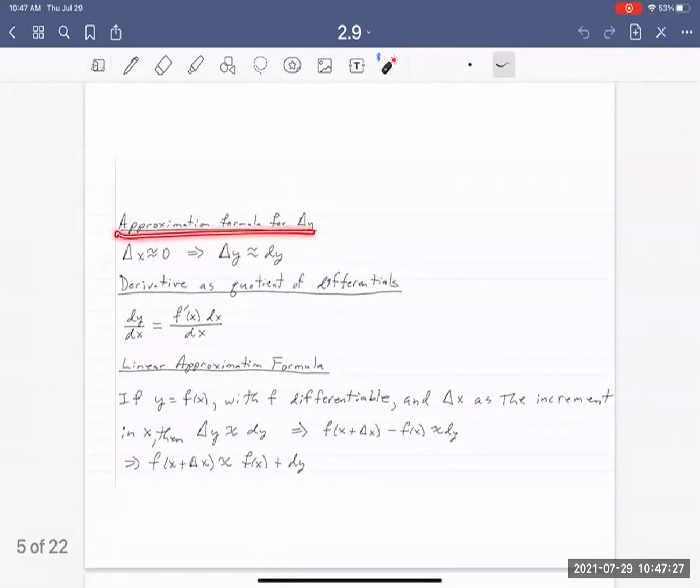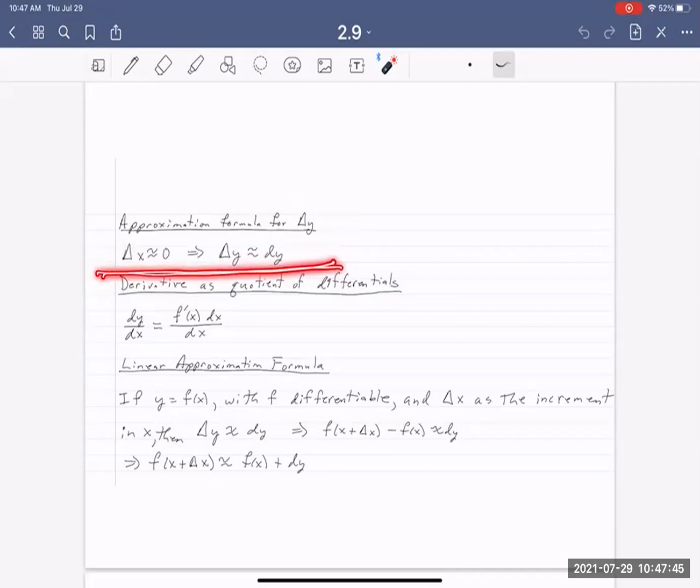So, the approximation formula for determining delta y. So we have here that if delta x is approximately equal to 0, then delta y is approximately equal to dy.